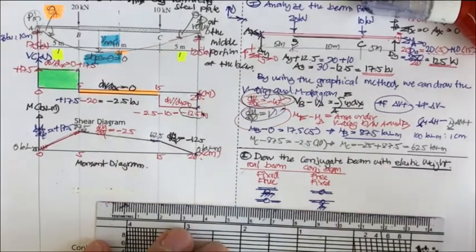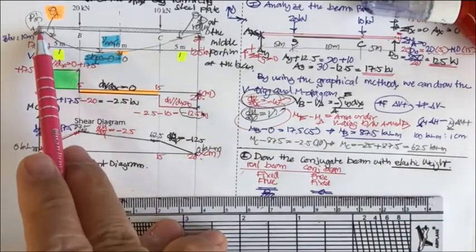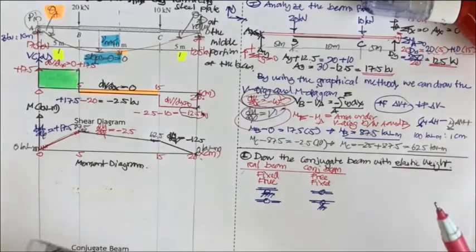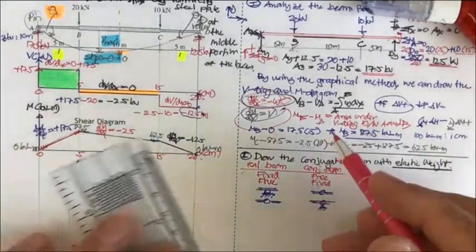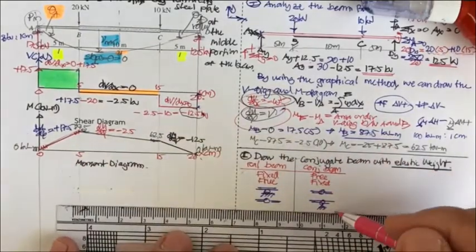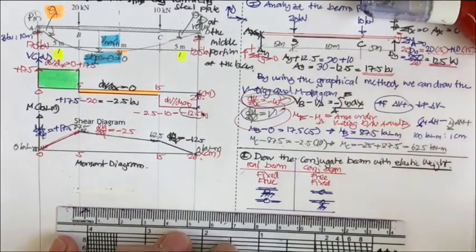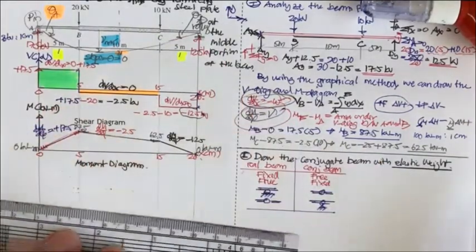However, if you have an external pin, the conjugate beam is still an external pin. And if you have an external roller, you will have an external roller. So this is just the review of it. For example, if you have a steel pin and a steel roller.